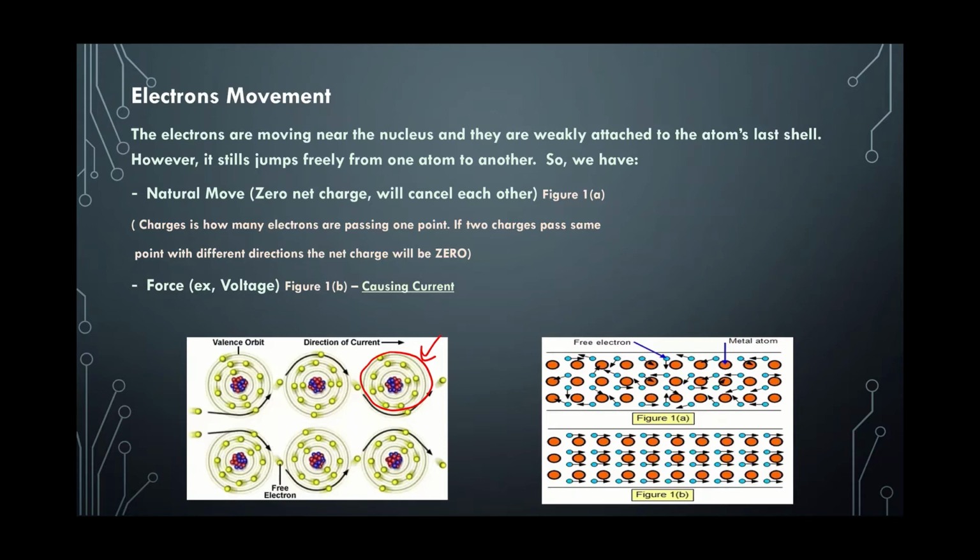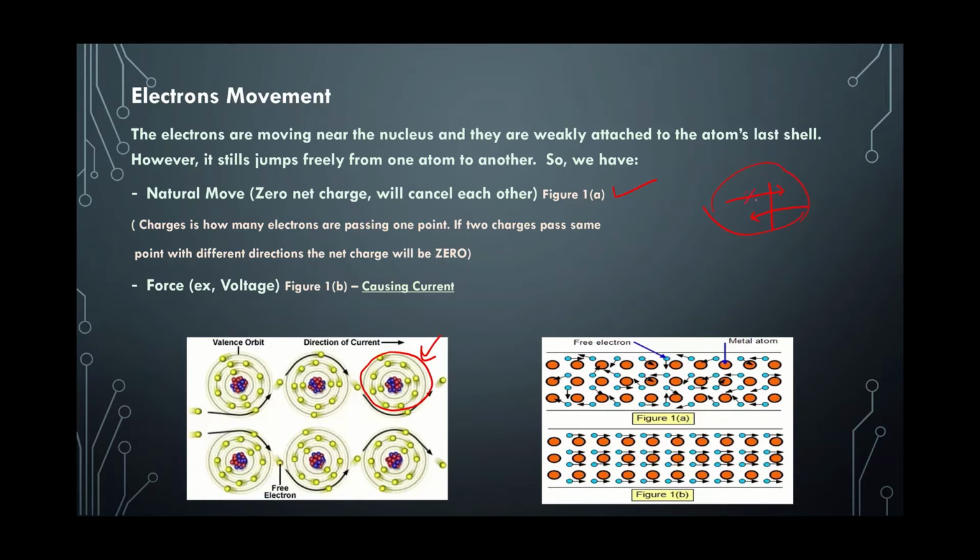So basically it has two movements: the natural move from one atom to another, and the net charge for this movement is 0. Why? Because one electron will be going to another atom in the last shell, and another electron will be coming to the same atom in a different direction. So the net charge here will be 0.